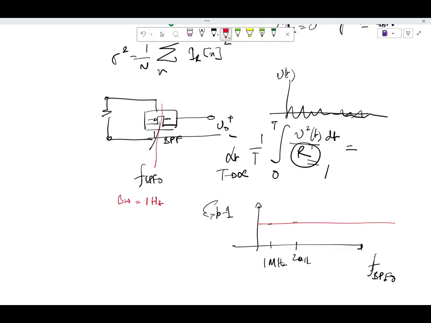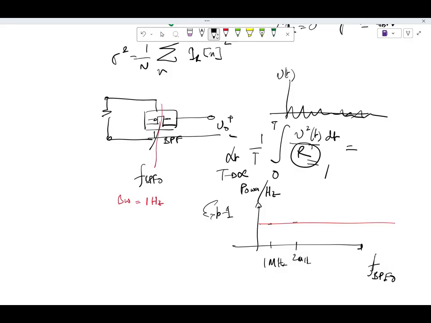So this is the variance. In principle, this is measured over 1 hertz, because the band pass filter has a bandwidth of 1 hertz. So I will basically say this is power per hertz. As it turns out, this will always be a straight line.